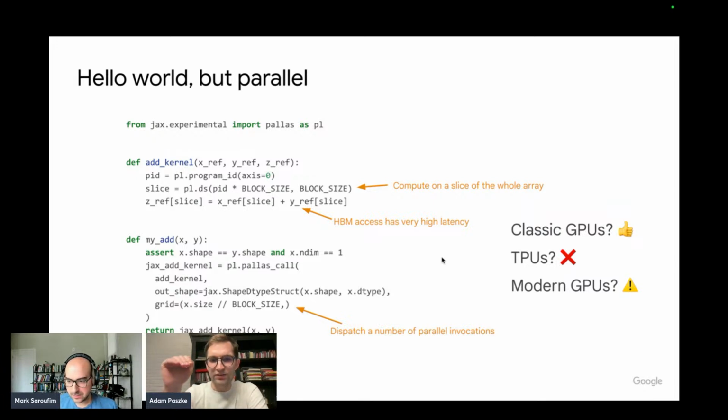On Triton, a single invocation of this program, a single program ID, corresponds to a block. In Mosaic GPU, it will generally also correspond to a block, and by default, the block is the size of a single warp group. You will later see ways to get multiple warp groups in a single block, but a single thread will be a warp group even if they belong to the same block.